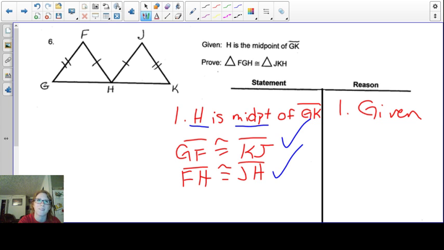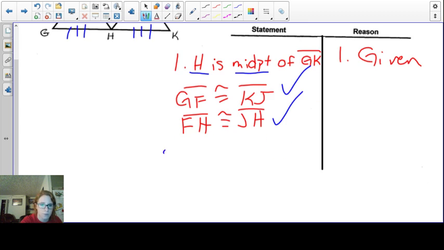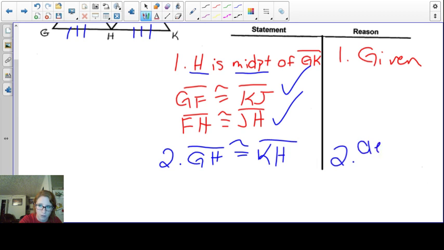So if it's the midpoint, isn't he in the middle? So therefore, wouldn't these have to be congruent? So number 2, GH is congruent to KH. Why? Definition of midpoint.